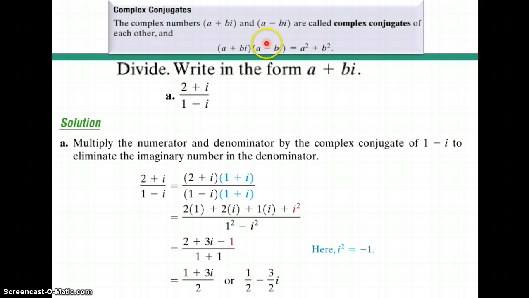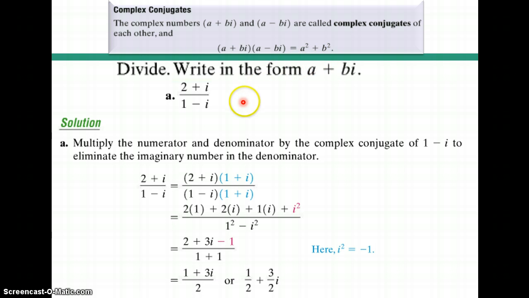When you multiply two complex conjugates, the imaginary unit will not be there in their product. See here, the imaginary unit i is there, here also the imaginary unit i is there. So when you multiply these two, we get a squared plus b squared. There is no imaginary unit, only the real part.